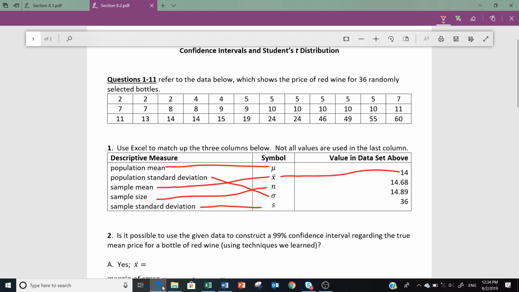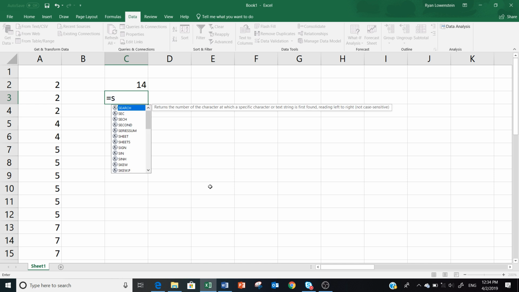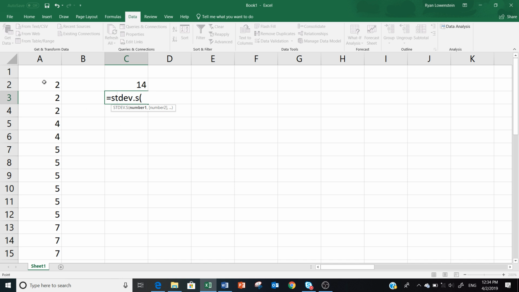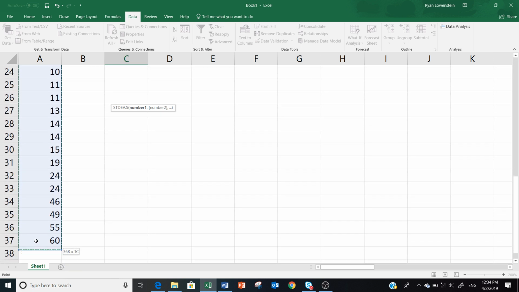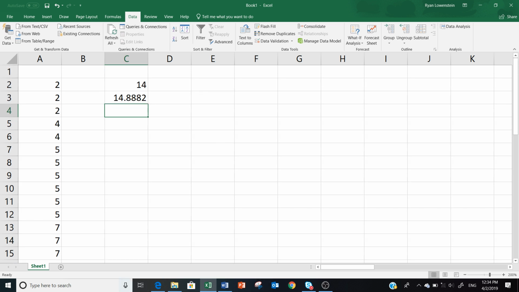Okay, next one. 36 is the sample size, because if I count all of them, I get 36. So n is going to be 36. And now the standard deviation, it's STDEV.S, because it's a sample. Highlight all the values. What do we get? 14.888.